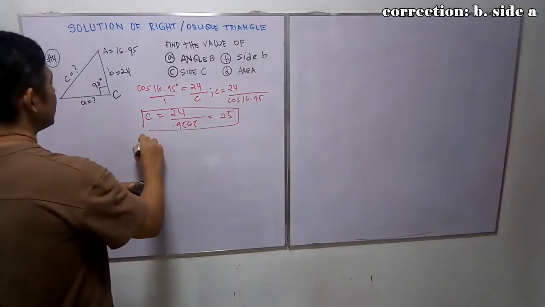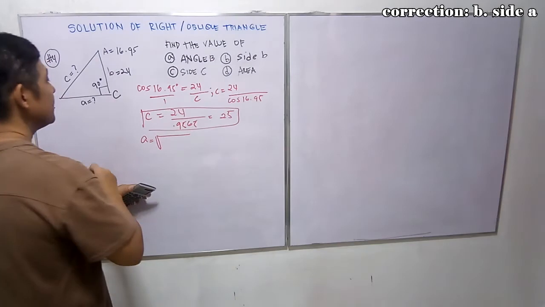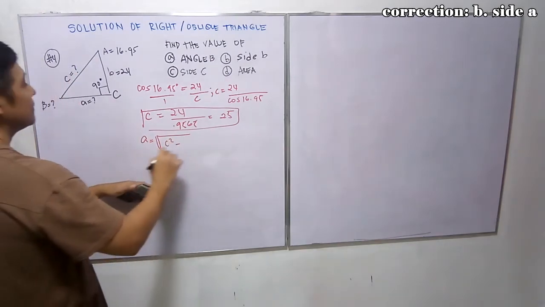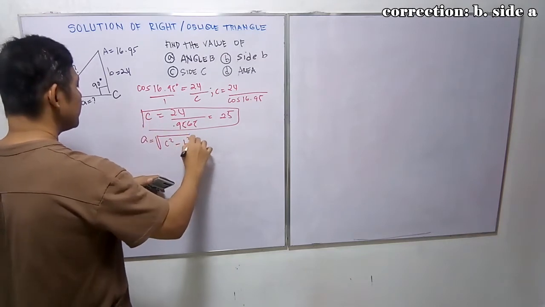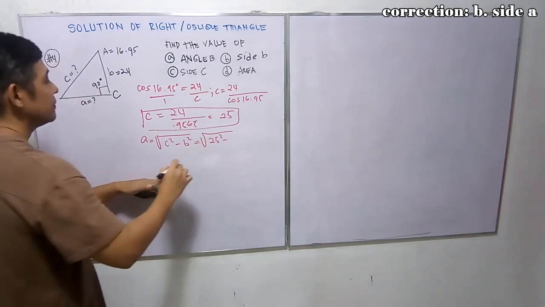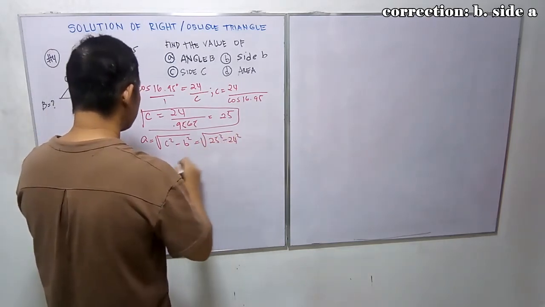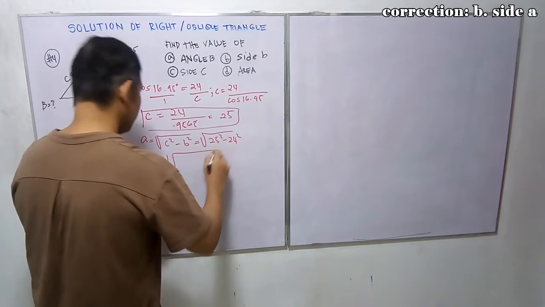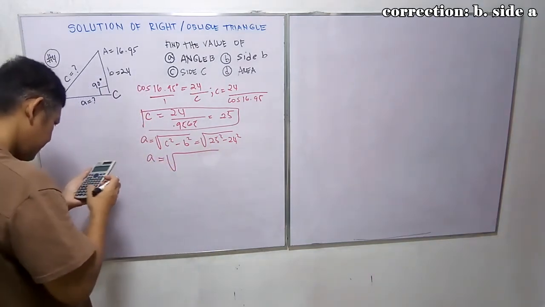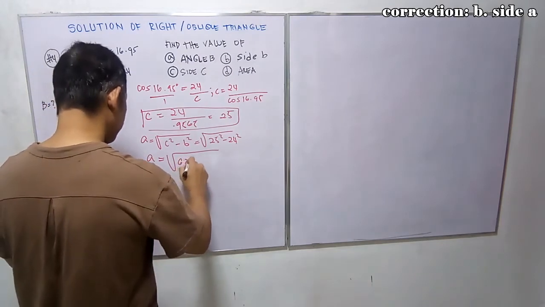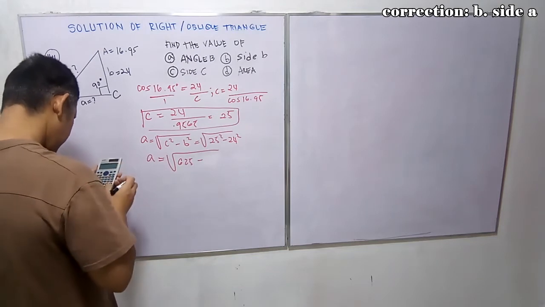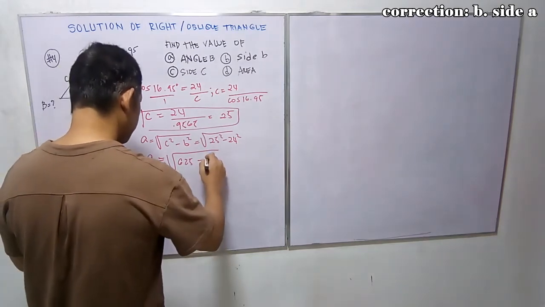Since dalawa na yung value ng side, pwede natin i-apply yung Pythagorean theorem para makakuha yung A. A equals the square root of C, the hypotenuse, squared minus yung isang side B squared. Yan po ay 25 squared minus 24 squared. Isasaya natin: 625 minus 576.